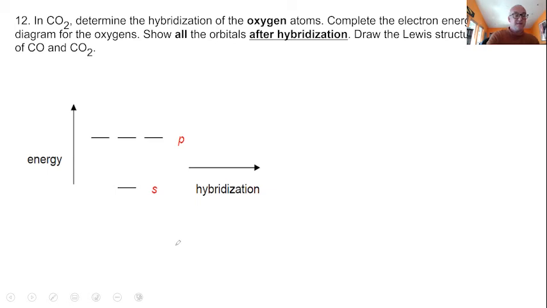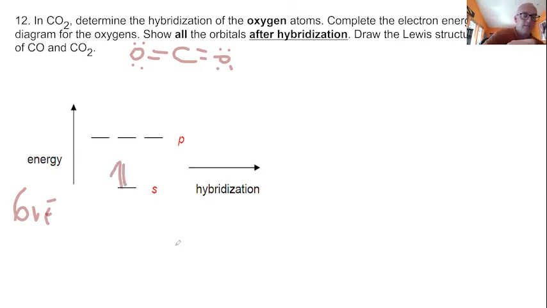Same thing, so I've got CO2 again. Oxygen has 6 valence electrons. Before hybridization, I've got s and p orbitals. Where do I put the 6 electrons? 2s, yep, so 2 here.